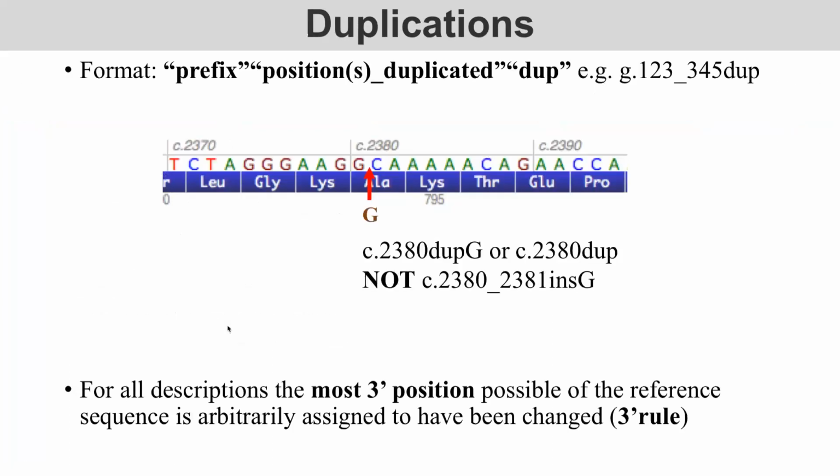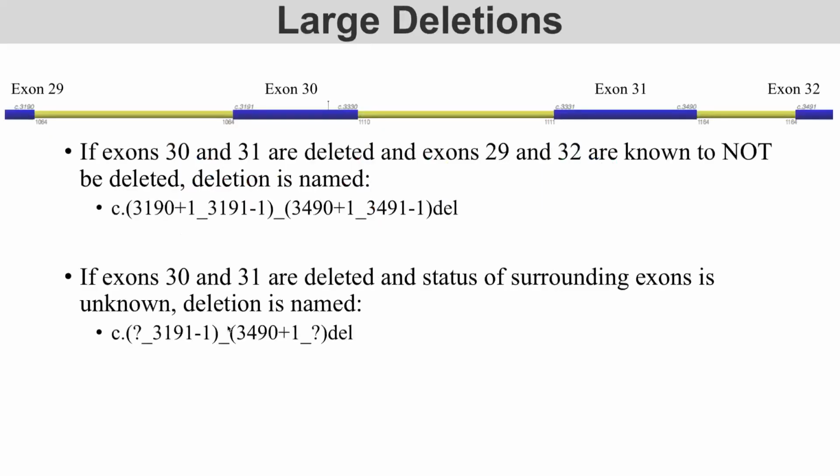So jumping to duplications, it's a similar naming scheme as, oh yes, is there a question? Yes, if the whole gene is deleted, do you put 1 or minus 1 as the starting point? So I think actually, I should have included that.